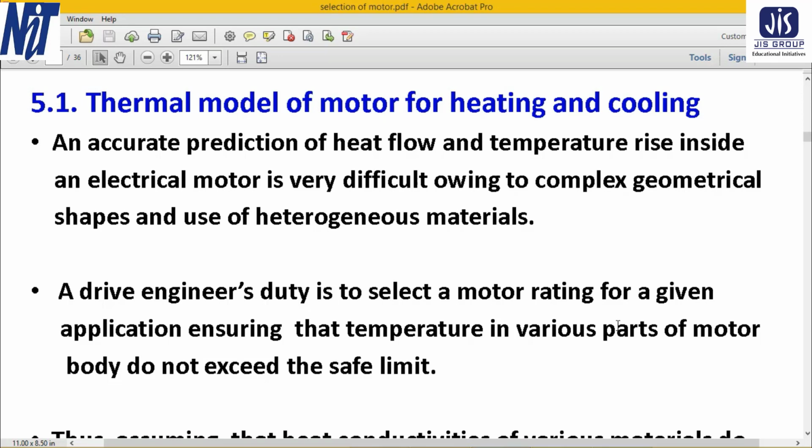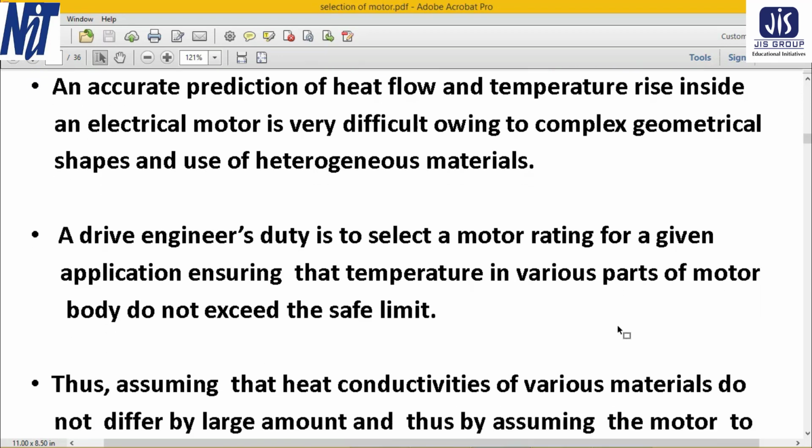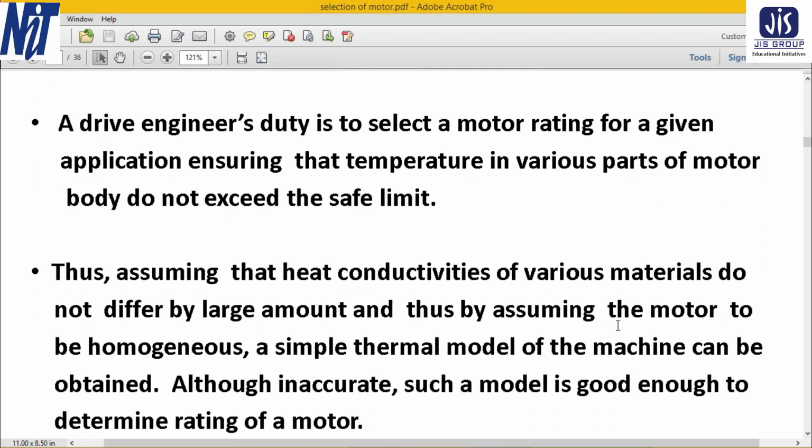That is the prime work designated to a drive engineer. Now, we have just discussed that motors are made of heterogeneous materials. Different segments have different materials, and so they have different heat conductivities.